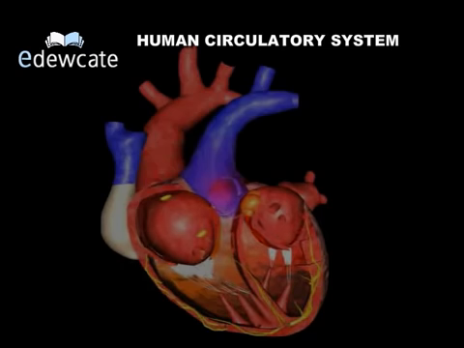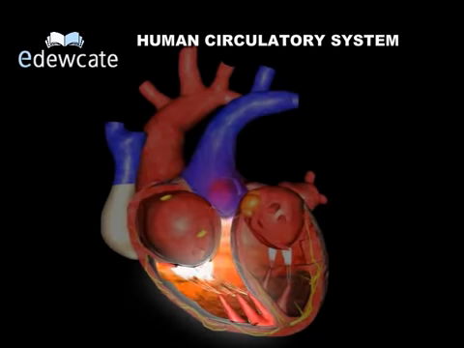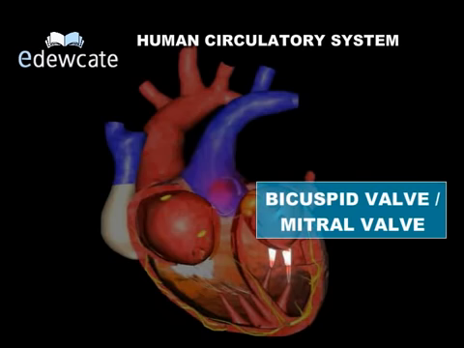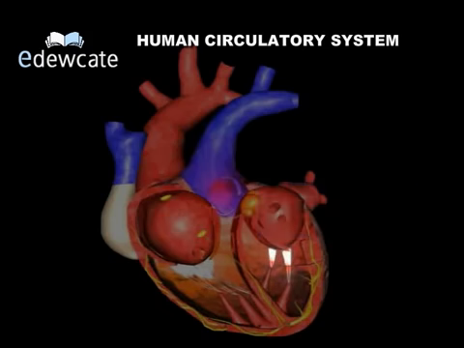are connected. The opening between the right atrium and the right ventricle is guarded by a valve formed of 3 muscular flaps or cusps, which is the tricuspid valve, whereas a bicuspid or mitral valve guards the opening between the left atrium and the left ventricle.